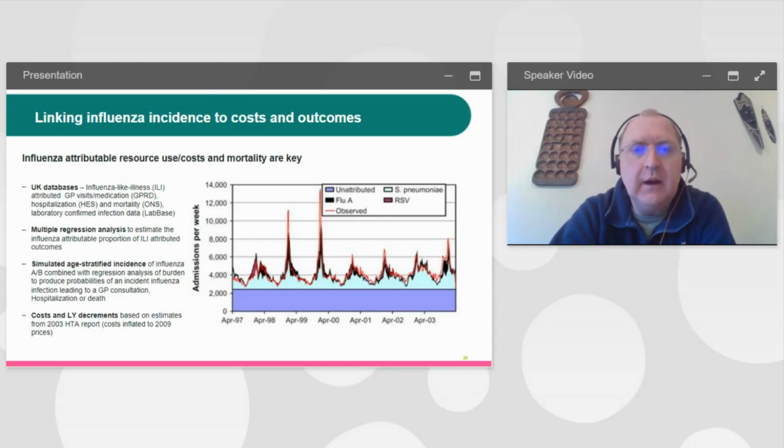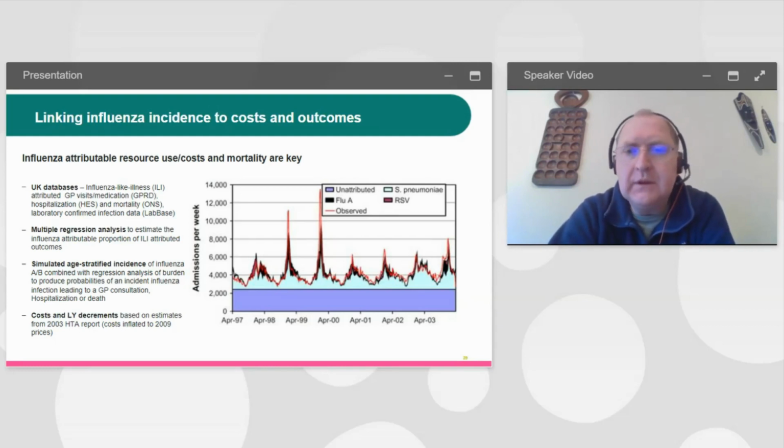There is information on ILI within hospitalizations, the Hospital Episode Statistics, and the Office for National Statistics provides mortality data, from which you can again extract influenza-like illness from those death records.